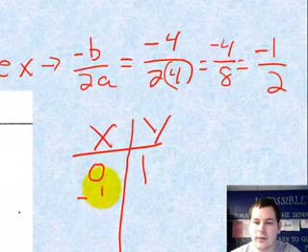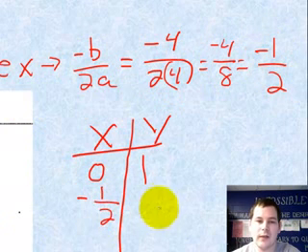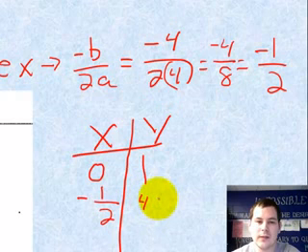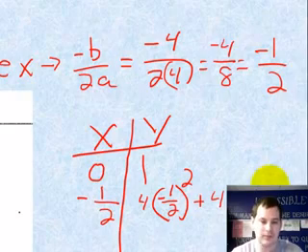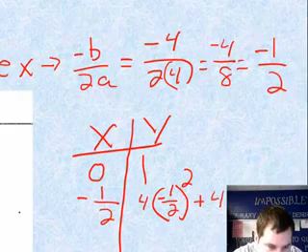So now I want to evaluate this at -1/2. I'll have 4 times negative 1/2 squared plus 4 times 1/2 plus 1. Oops. So that doesn't equal 0. We'll see what it equals here in just a second.